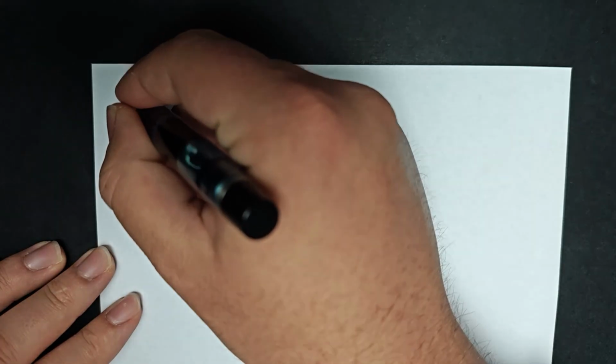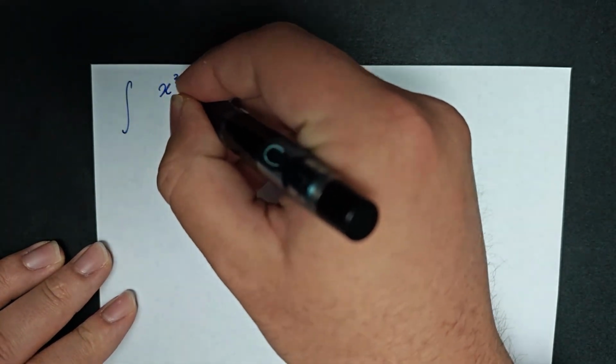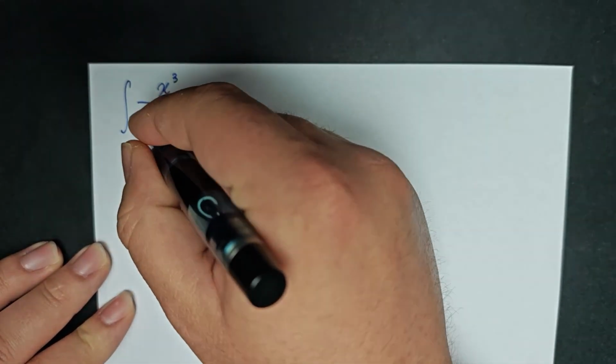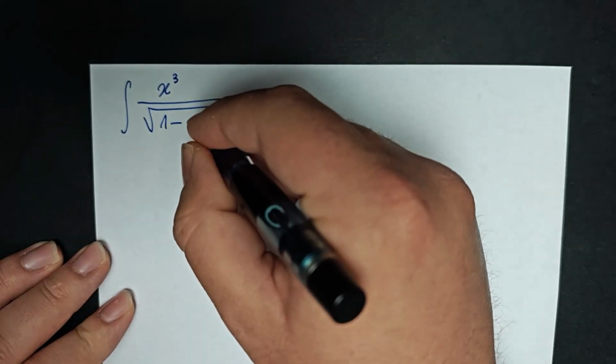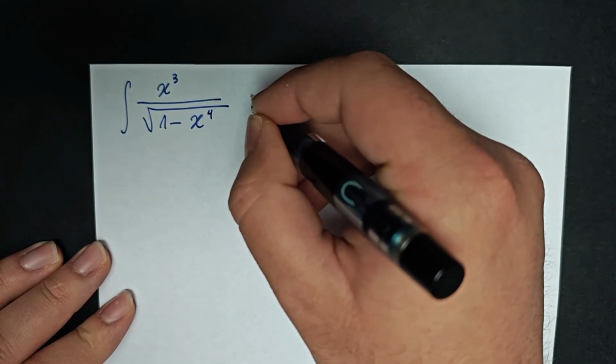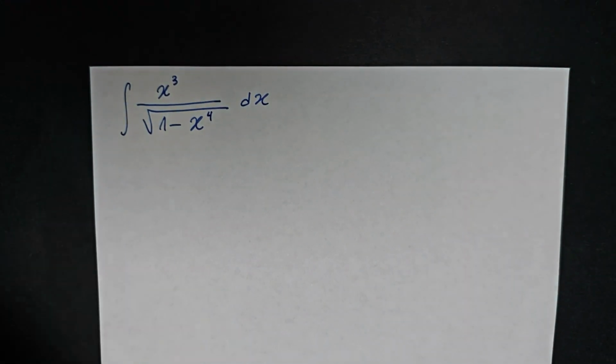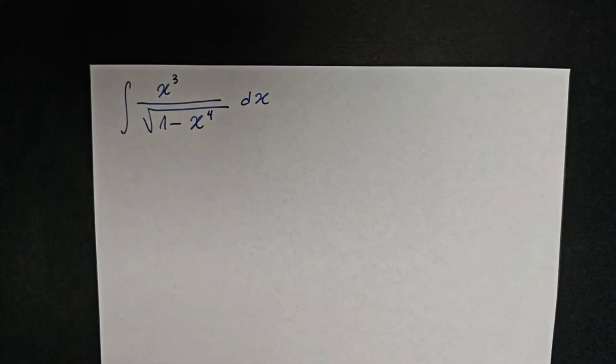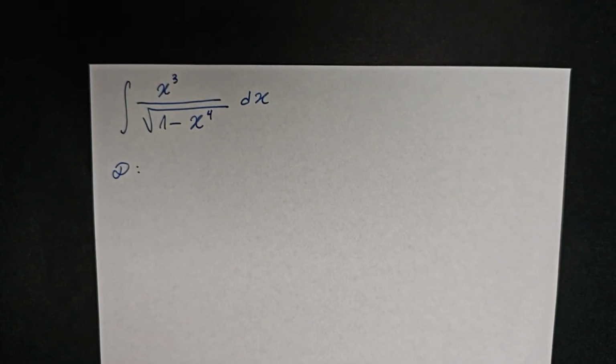Let's now focus on solving another integral from our list, x cubed divided by a square root of 1 minus x to the 4th power, differential of x. The first step in solving any integral is to always find the area in which that integral is defined, the area D. For that, we are going to observe the function which is under the sign of the integral.